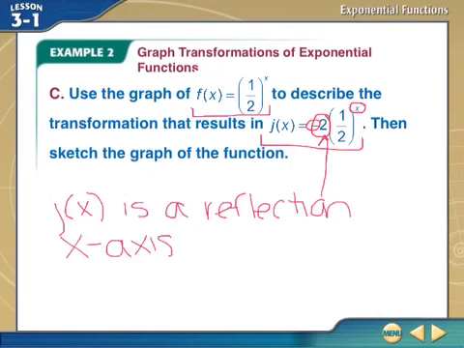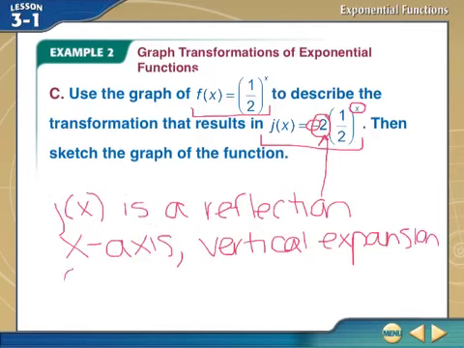We're changing it from a positive to a negative. And then when we multiply by 2, that is called a vertical expansion by a factor of 2.